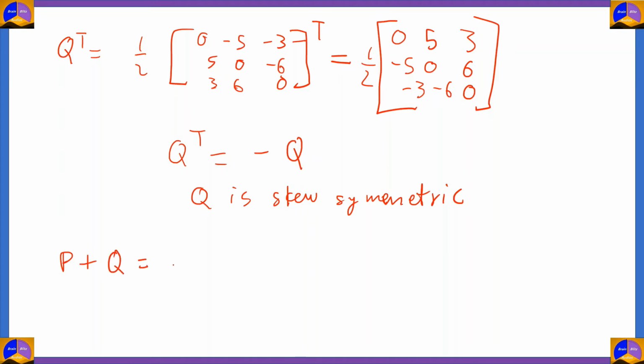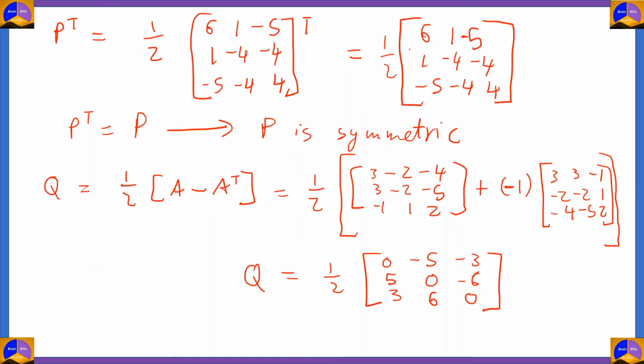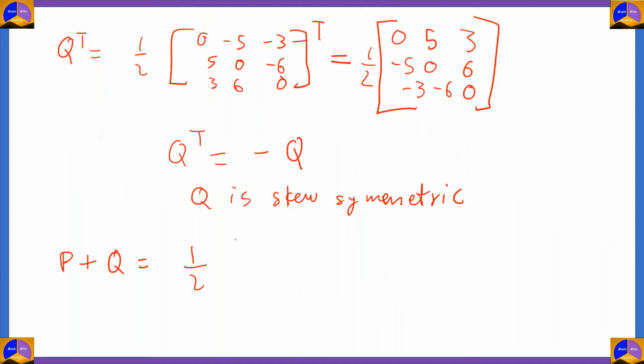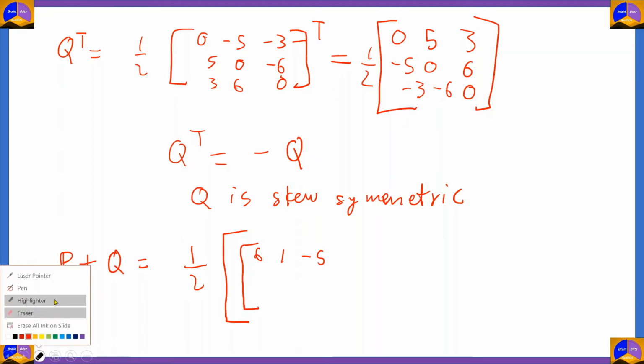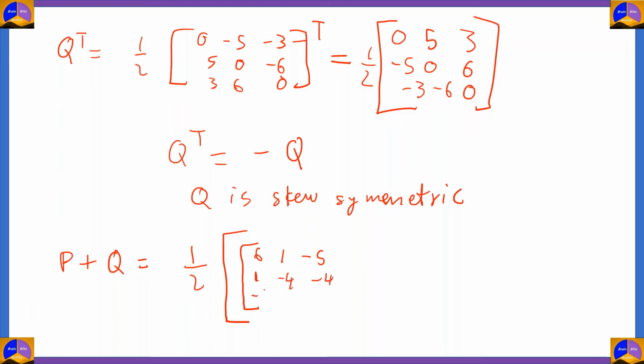So it's P plus Q. Now remember, we've kept half on both P and Q. What we do here is we take that half common, then we add the two matrices. Okay, so let's look. 6, 1, minus 5, 1, minus 4, minus 4, and minus 5, minus 4, and 4.